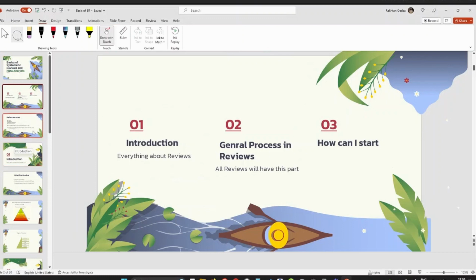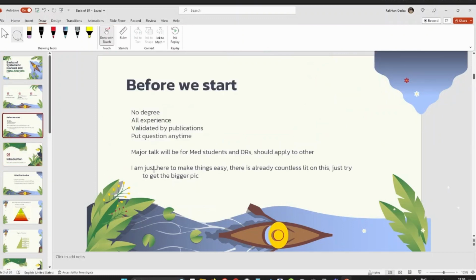Any kind of review. Before we start, I have no degrees in this, no PhD. All of this is from my experience, and I have quite a few publications, which validates that experience from my side. My papers have gone through a journal and peer review process.